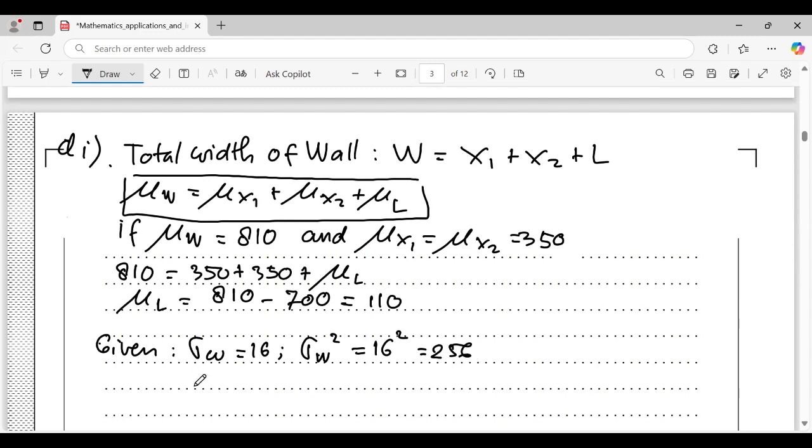After that, the standard deviation of X1 equals the standard deviation of X2, which is 10. So the variance of X1 equals the variance of X2, 10 squared, which is 100.